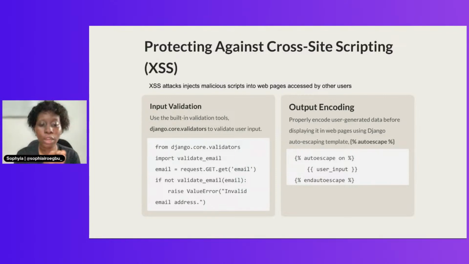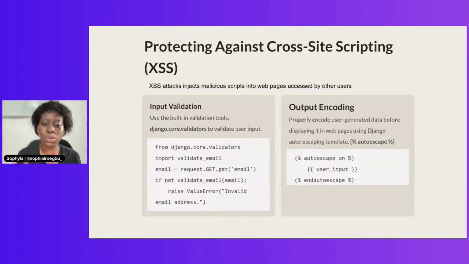And in Django, you can use the built-in validation, django.core.validators. This validates the user input. Like in this code snippet, it checks if the user input is actually a valid email address. So using such tools would really help you in terms of input validation.